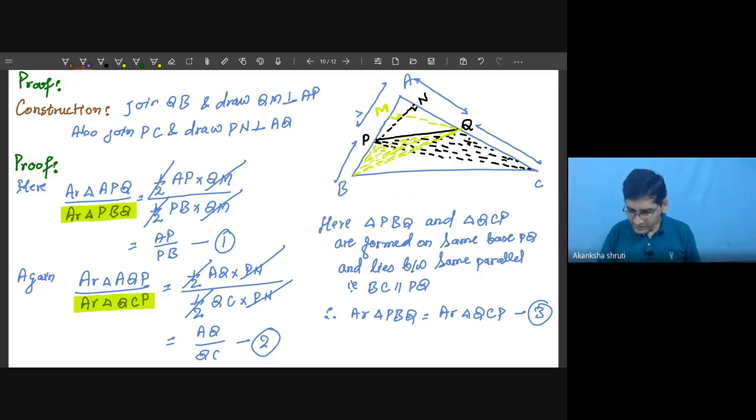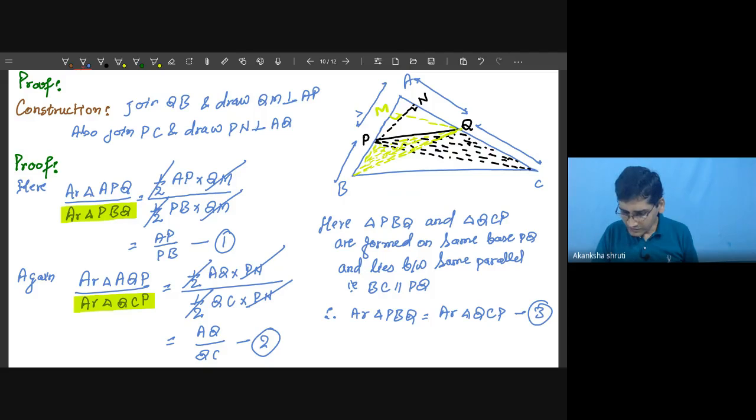This third can be substituted in 2 or 1. It simply means that in the third we have the triangles which are in the denominator, and they are also equal.